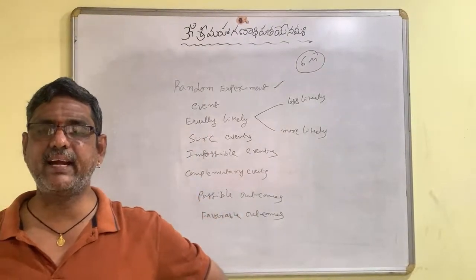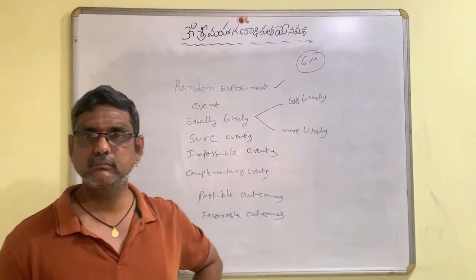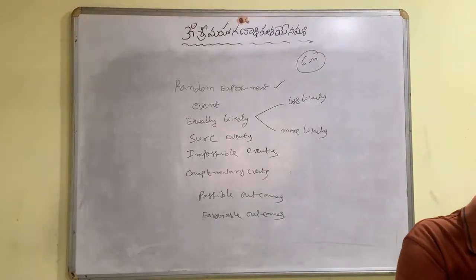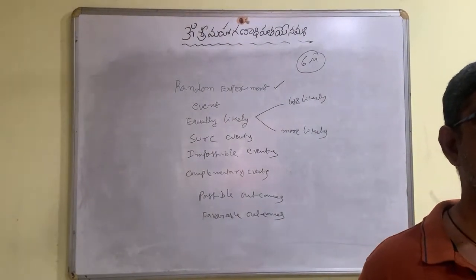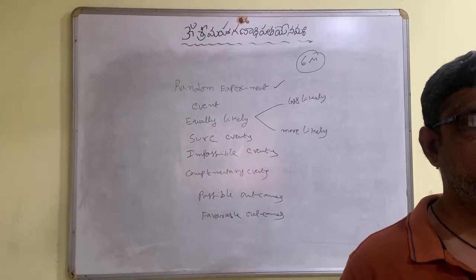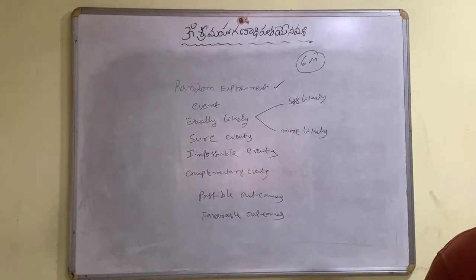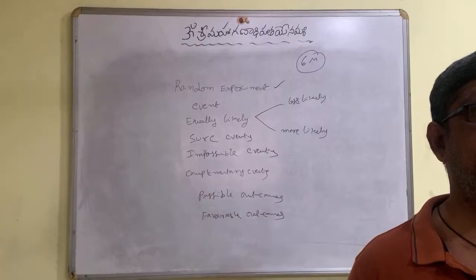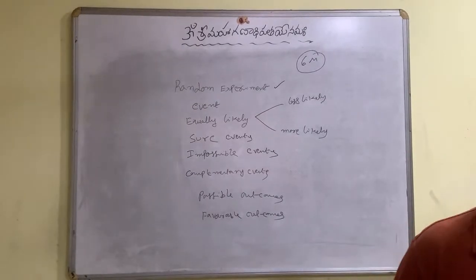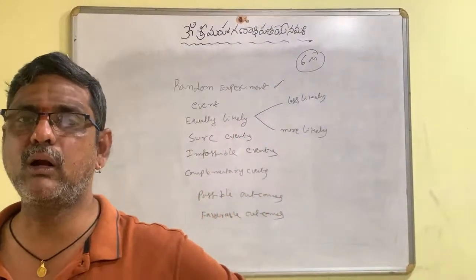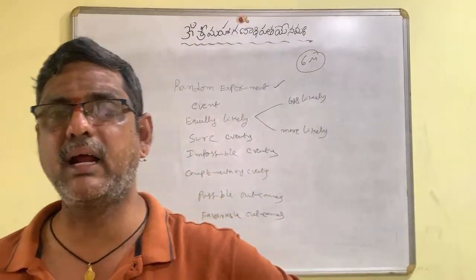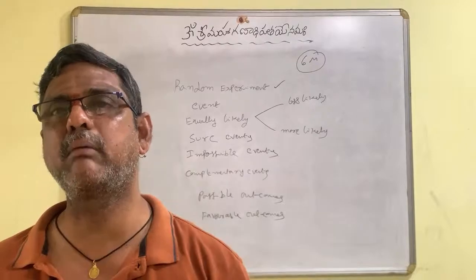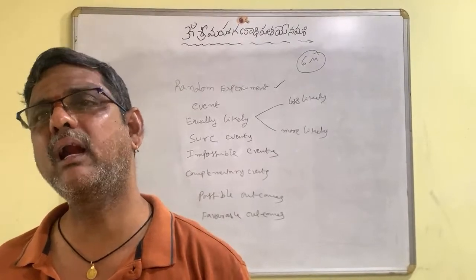What is the probability that the ball taken out was a red ball? 1, because the bag contains only red balls. Suppose the bag contains 10 red balls, the probability of getting one red ball is 10 by 10, which is 1.